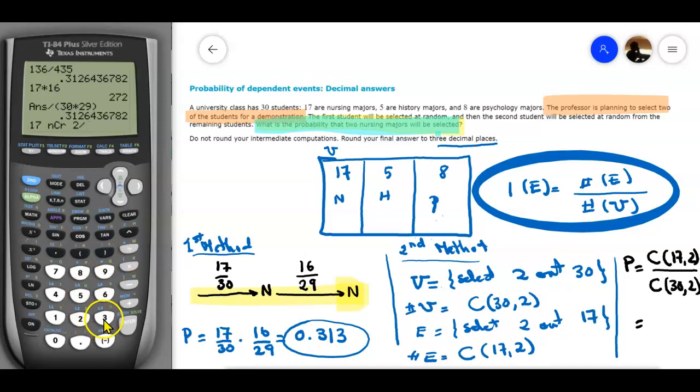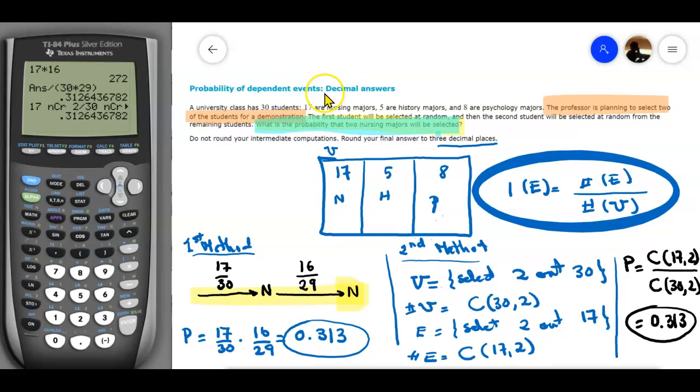Now I'm going to type 30, the combination of 30, so I go to math again, go to the left side and down to number 3 and type 2. All right, then enter, and that's going to give me exactly the same number that I found earlier, which is 0.313, and this should be your answer. All right.